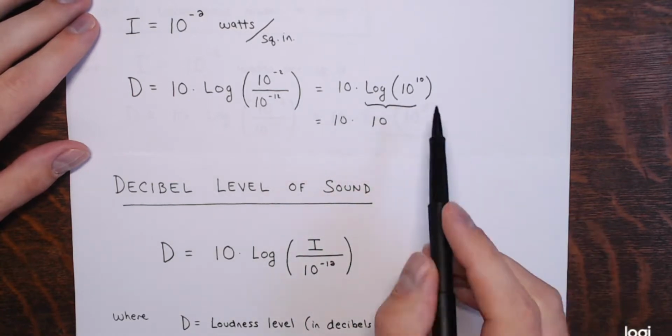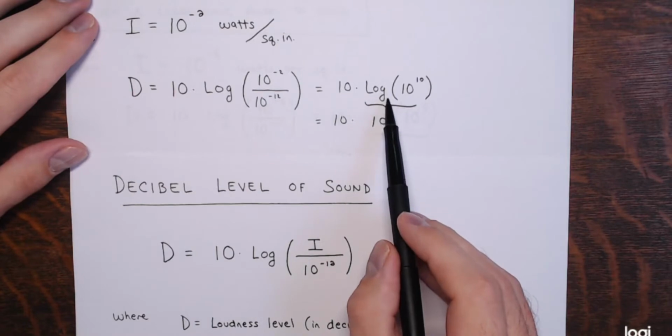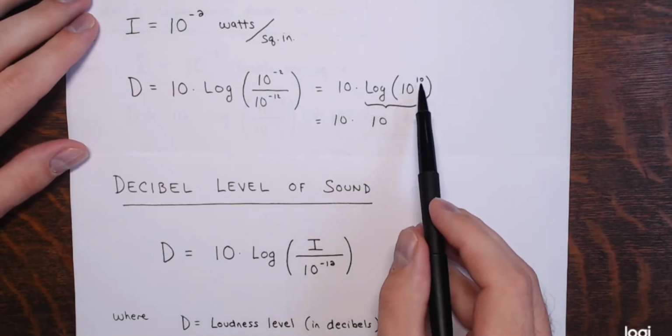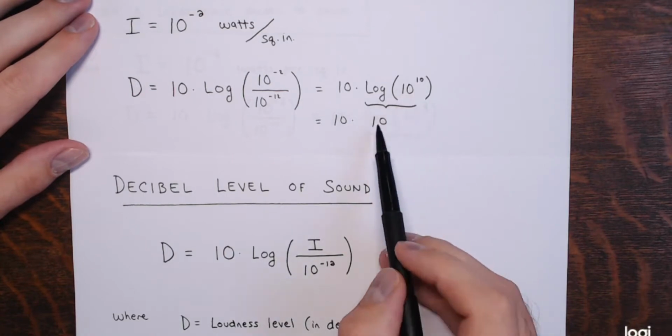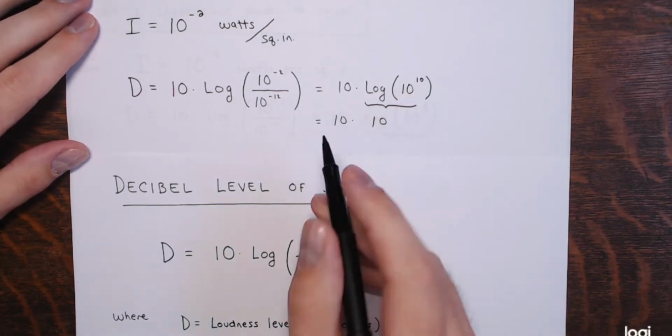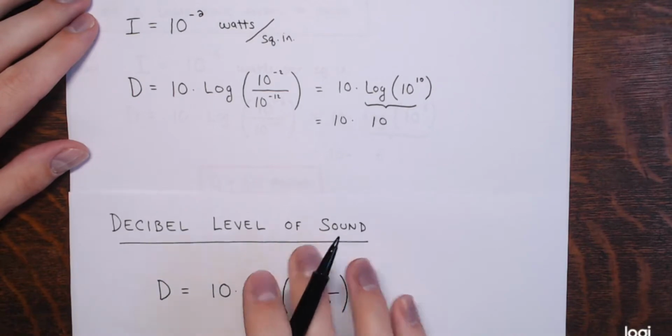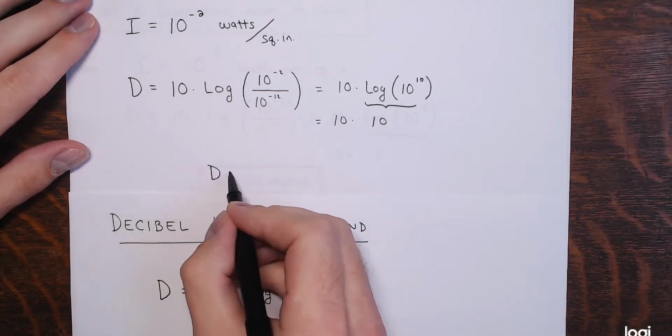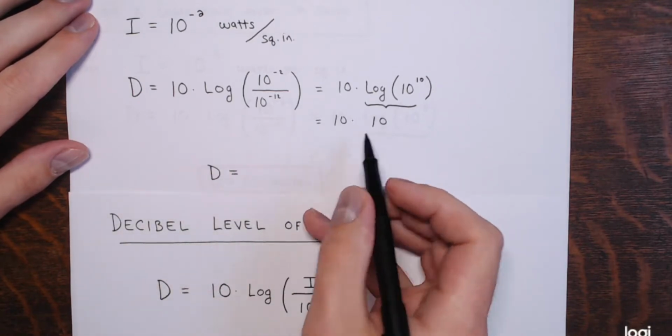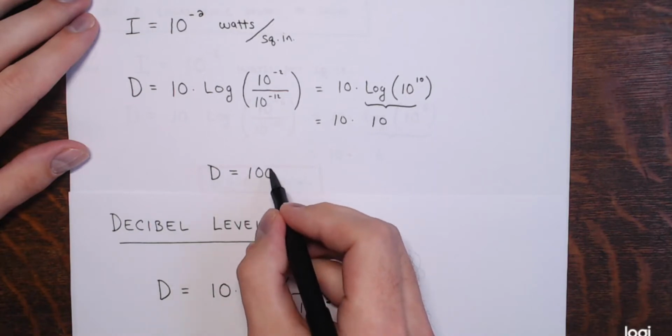Again, very simply, what power do I need to raise 10 to, to get 10 to the 10th power? Well, it's right there, the 10th power. So this is just 10 times 10, or 100. So D here equals 10 times 10, 100 decibels.